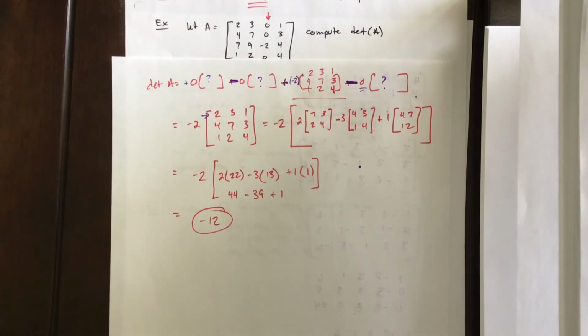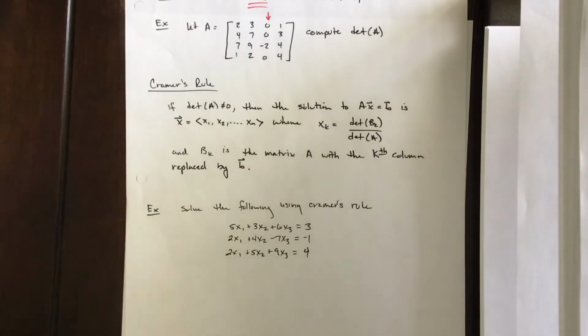So why do we use determinants? Well, we use determinants for a lot of different things. What we're going to use next is Cramer's rule, which is solving systems of equations.